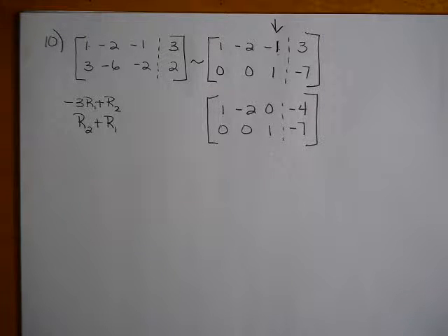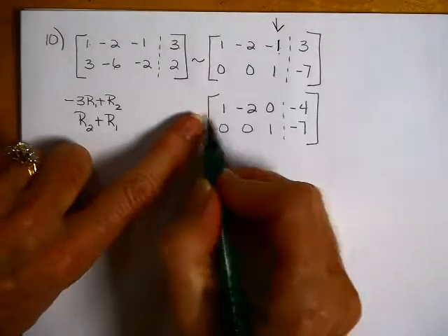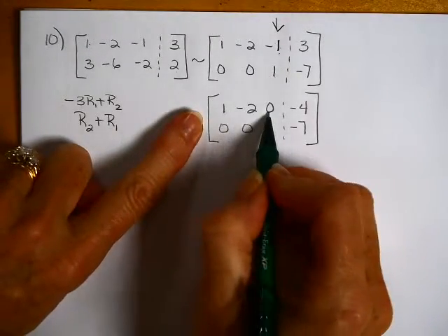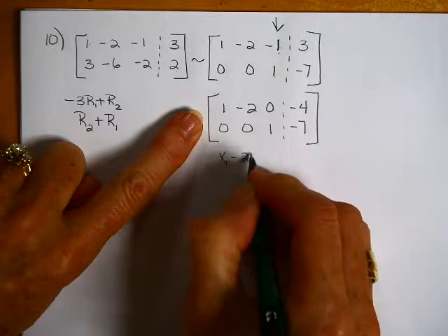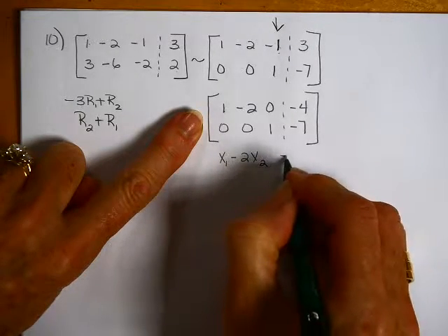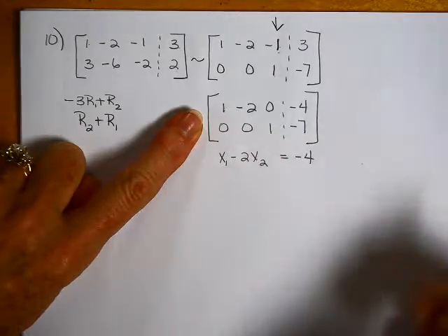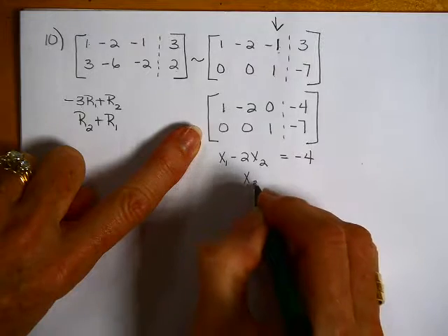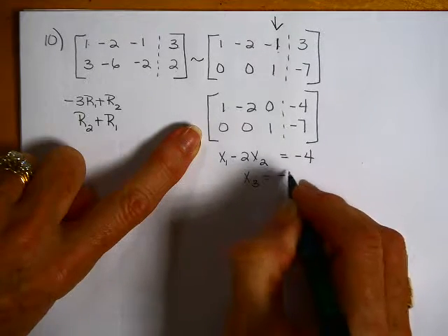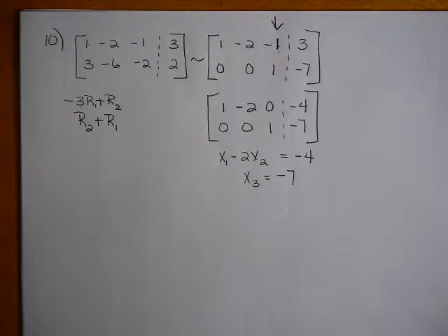So now I have to write the solution. I'm going to rewrite it as equations. This is my x1, x2, x3. So this says x1 minus 2x2 is equal to -4. This says x3 is -7. Are y'all with me?